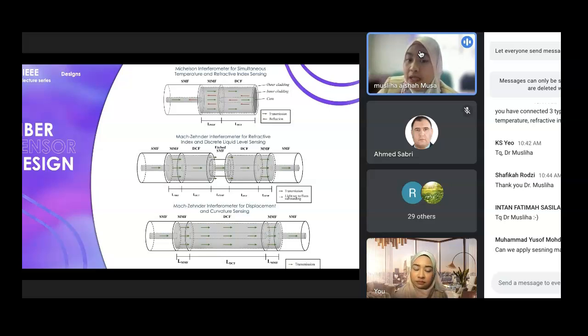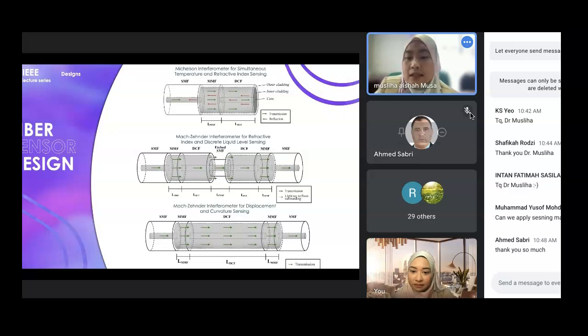For discrete water level, I use an HSMF here, so that the light can travel through the surrounding and then couple back to the DCF. Yeah, am I answering your question? As you can see, the MMF here acts as a coupler.